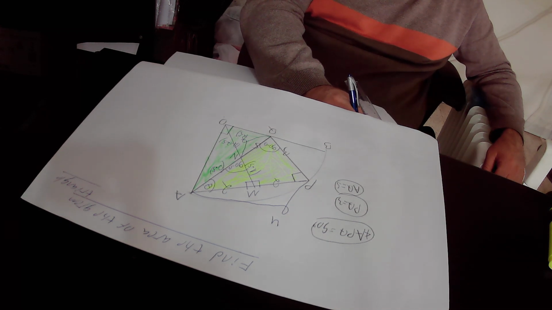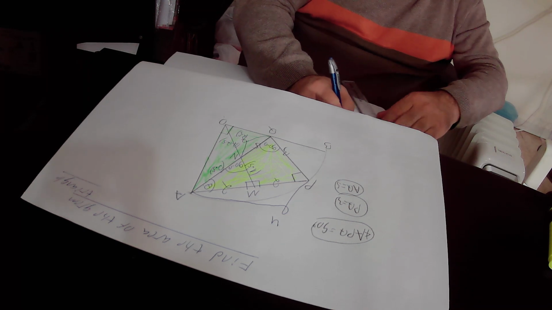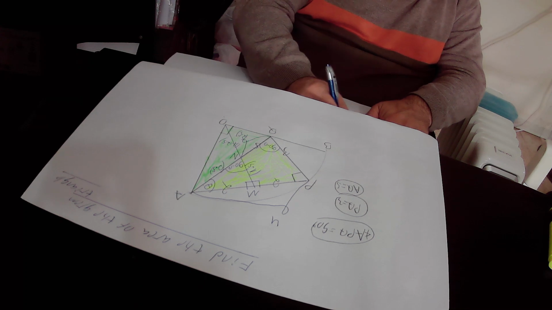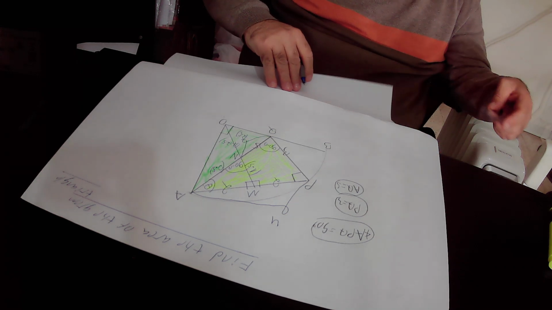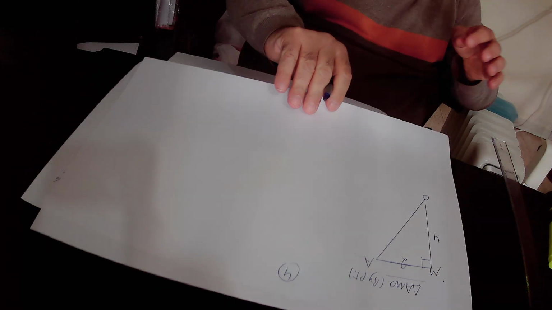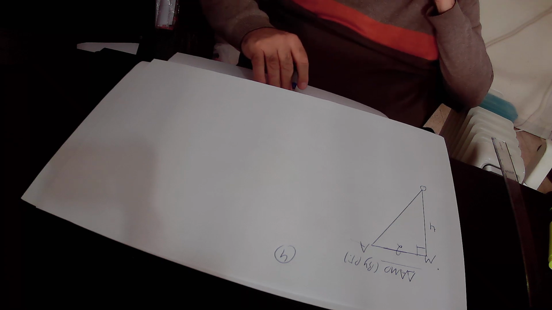So we have triangle AMO. Again, this is triangle AMO that I copied from the original drawing.